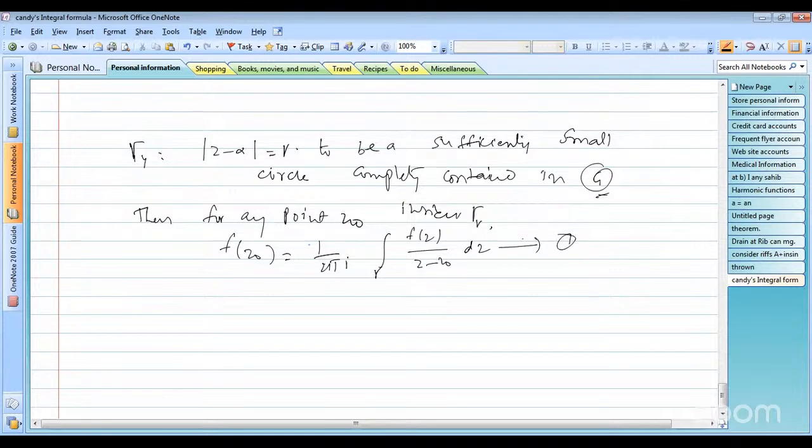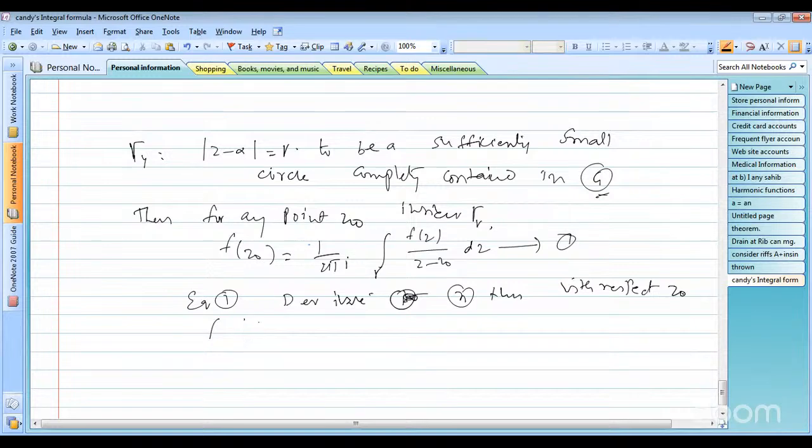So we are differentiating this equation n times. We differentiate the first equation n times with respect to z naught.